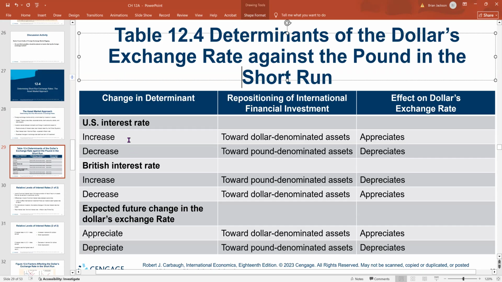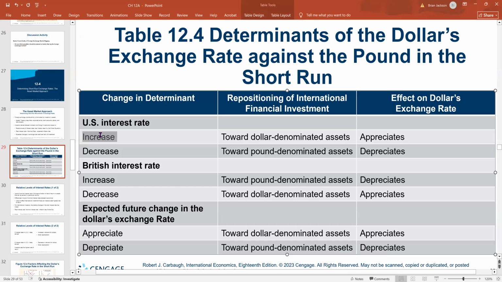Okay. Well, again, we're looking at the asset market approach. And so first off, there's the U.S. interest rate. As that increases, investors are going to turn more and more toward dollar-denominated assets. As they do, they want dollars to purchase those assets, so the dollar would appreciate.